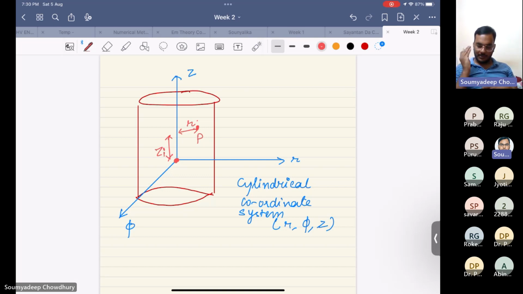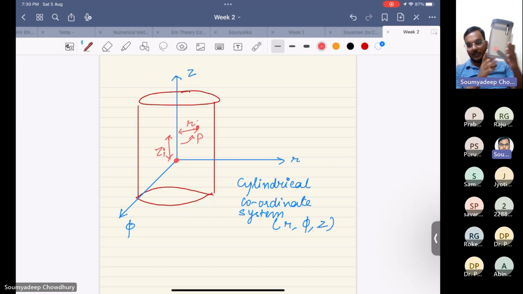And apart from this, we have another coordinate. What is the angle of curvature of this point P, which is represented by phi? That I cannot show here, but you have to imagine it. Just take some kind of cylindrical box here.